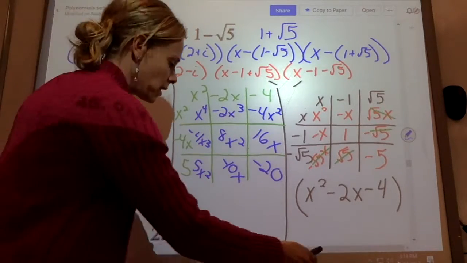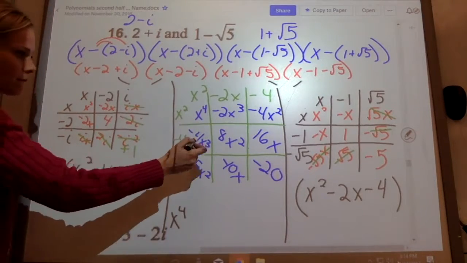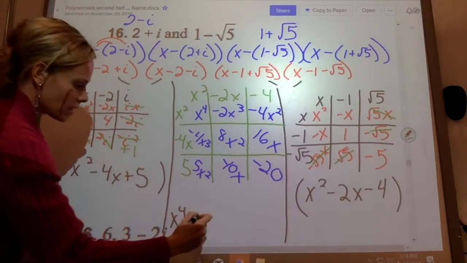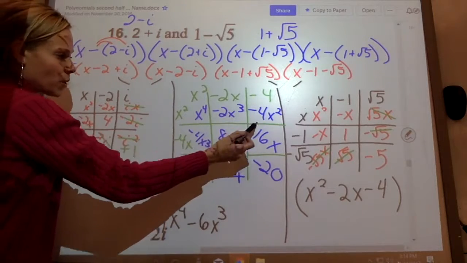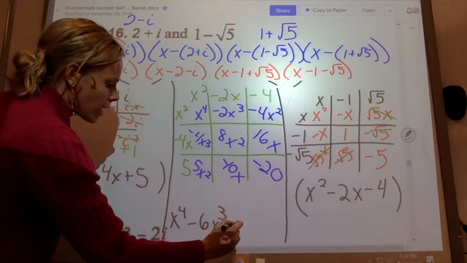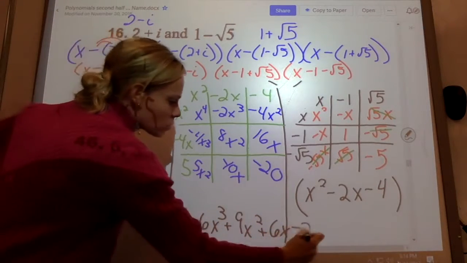So then my final answer, x to the 4th minus 6x cubed. Add your x squareds together. So 9x squared plus 6x minus 20.